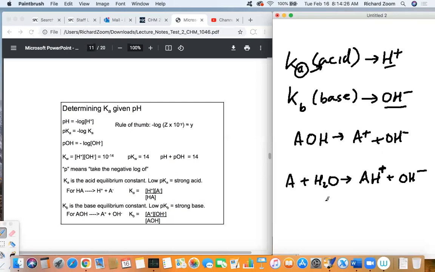And in that instance, the Kb is going to be A plus times OH minus over AOH.